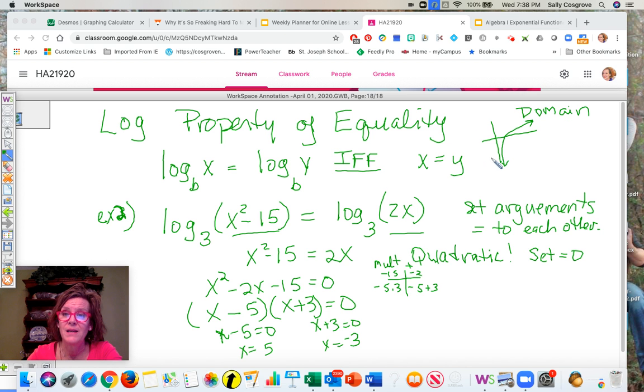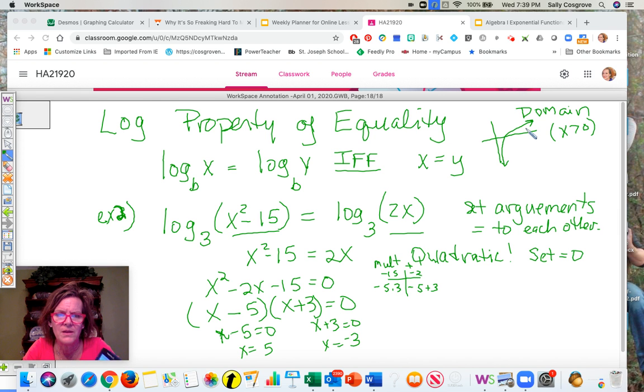Nothing, right? I've got negative y's and positive y's, but I don't have any negative x's. In fact, when we did our parent functions, we learned, hopefully, that the domain of a log is strictly greater than 0.